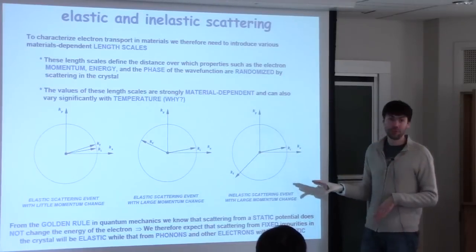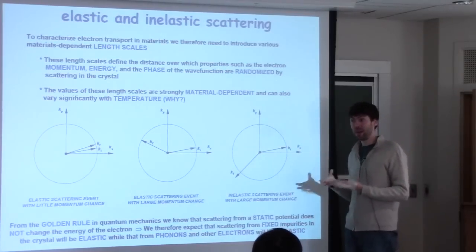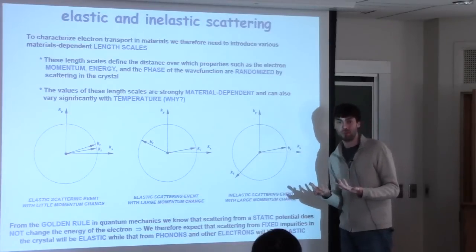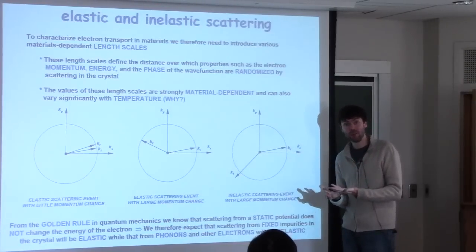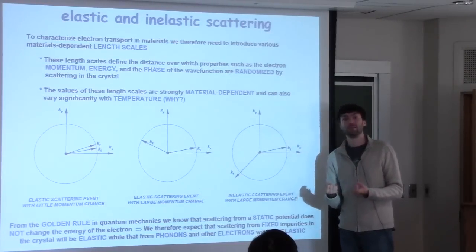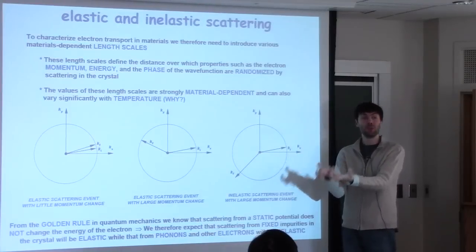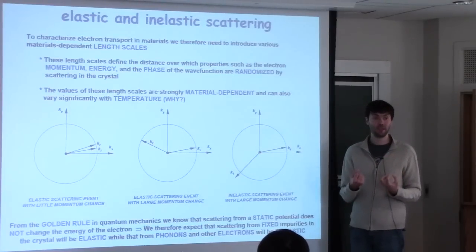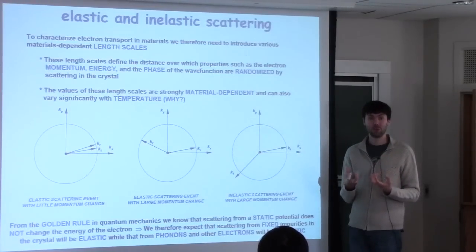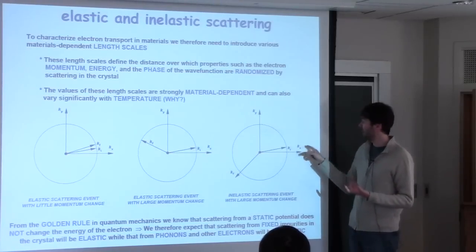And inelastic processes are those where you interact with kind of equals. So if you scatter off a phonon, you could give your energy to the phonon, or you could absorb a phonon into the electron, in quantum language, and then your energy would change.